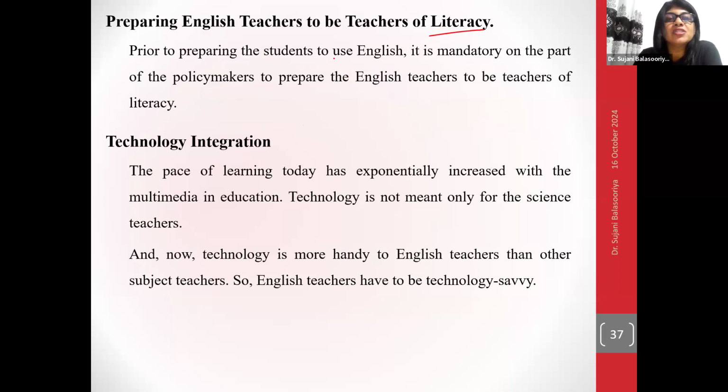Prior to preparing the students to use English, it's mandatory on the part of the policy makers to prepare the English teachers to be teachers of literacy, right? The English teachers should teach literacy, all right? How to read, how to write. The teacher should teach these aspects to the students.